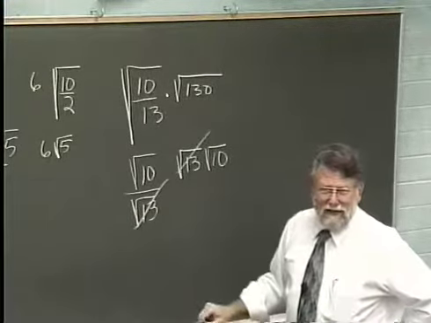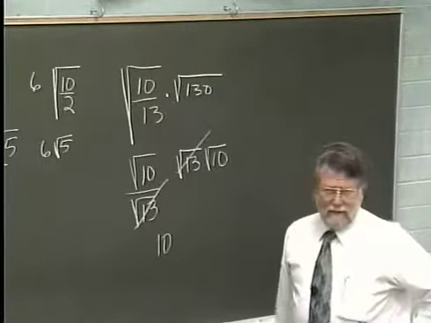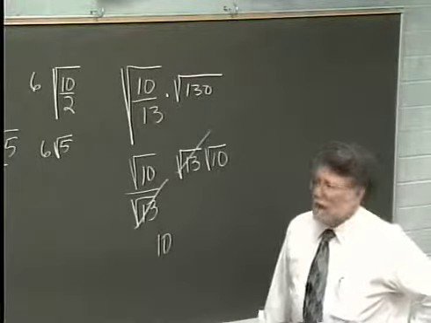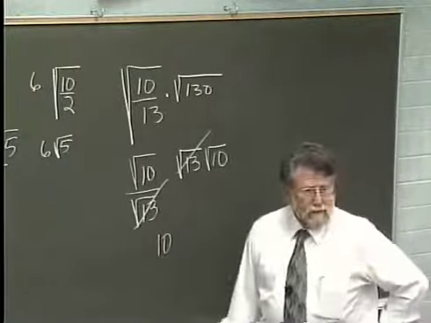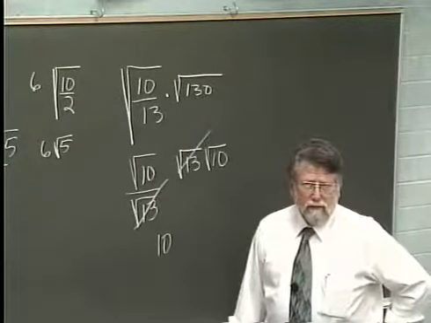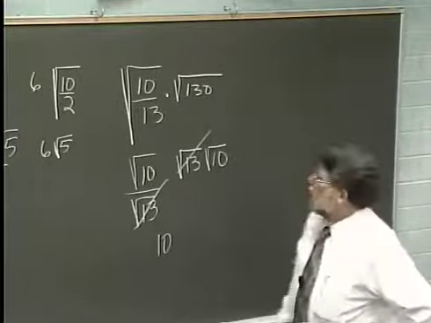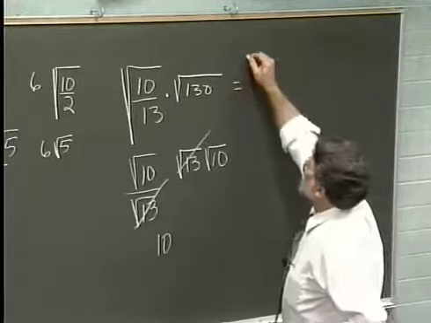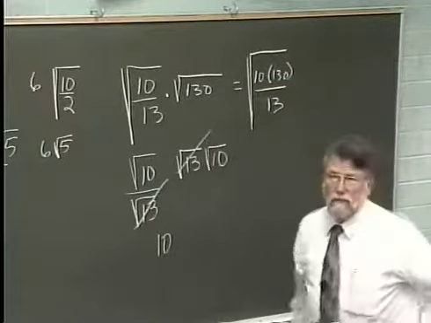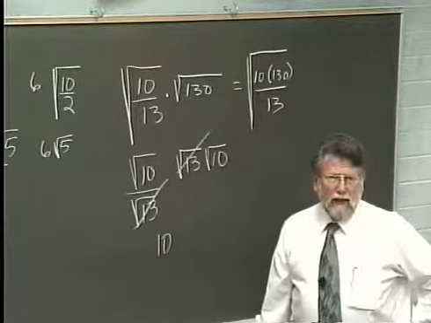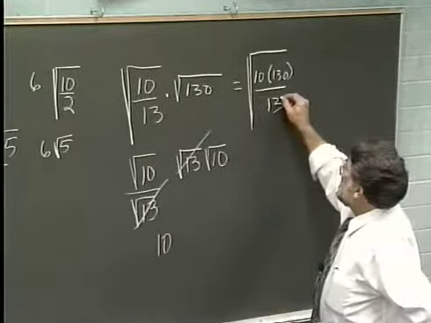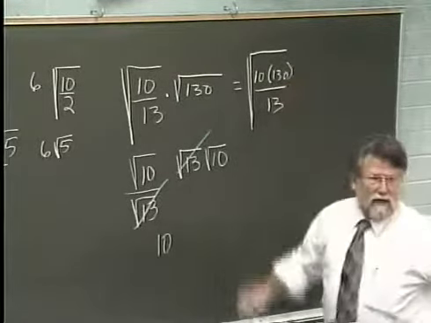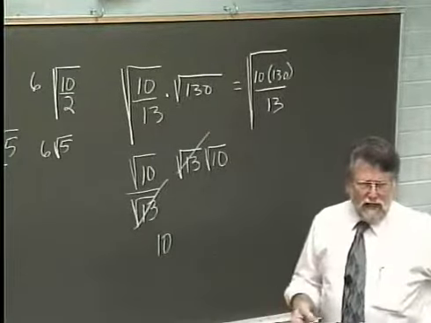And the square root of 10 times the square root of 10 is 10. Is there another way you could see it? Could I have instead said that is the square root of 10 times 130 over 13? That would have been allowable. The 13 would have gone into 130 giving 10, and the square root of 10 squared is 10.